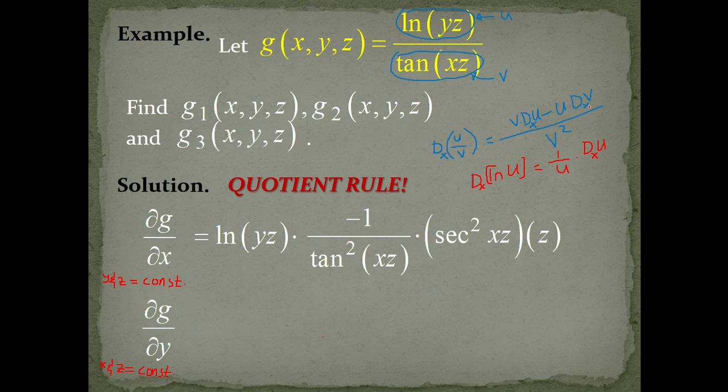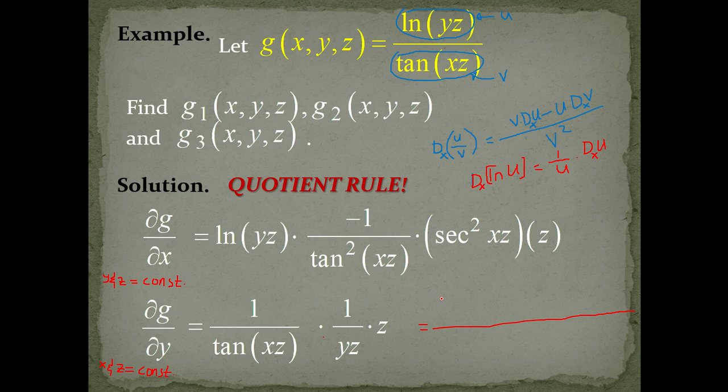So same formula, we use vdu minus udv over v squared, but this time with respect to y. And you have this answer. Why does it become like this? It's simple, class. Because v is the tangent, originally it is something like this.